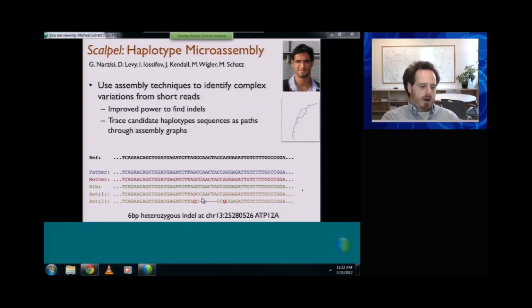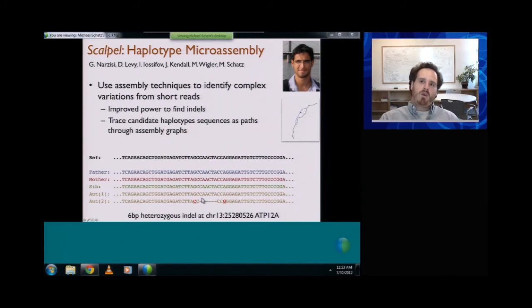So in particular, I collaborate on this project where we're trying to study the genetics of what causes autism. So we can build up the same sort of graphs, but we're going to build it for an autistic individual, and also that same person's parents in the same graph, and then color the nodes of the graph by who contributed the sequence to the graph.